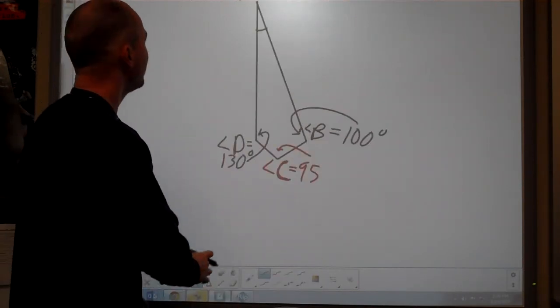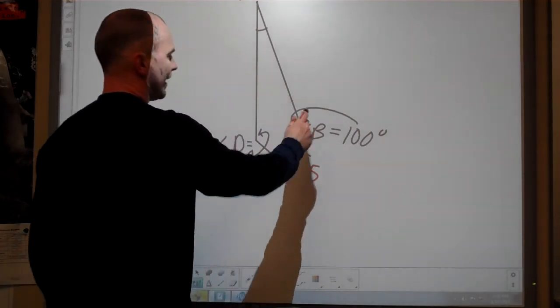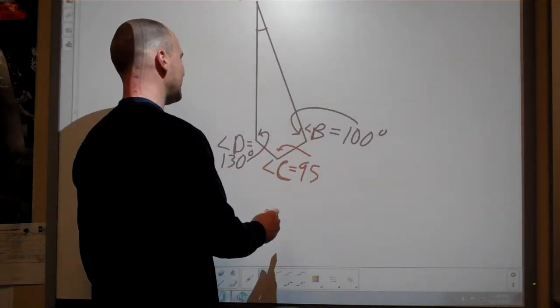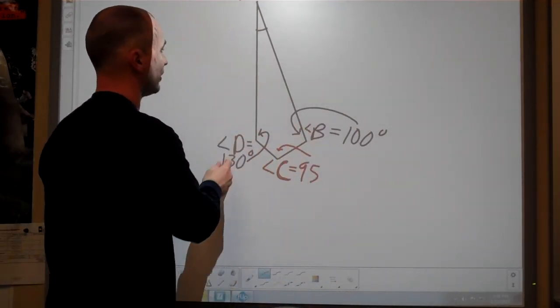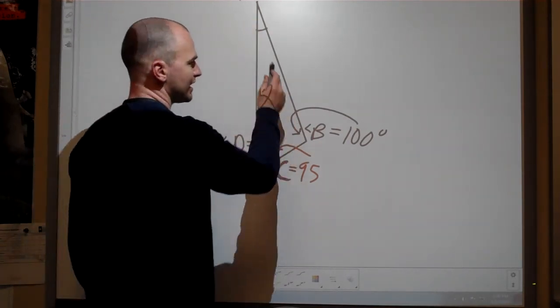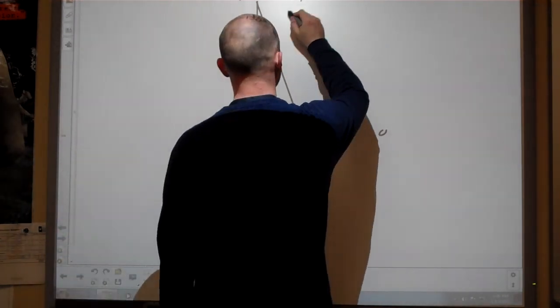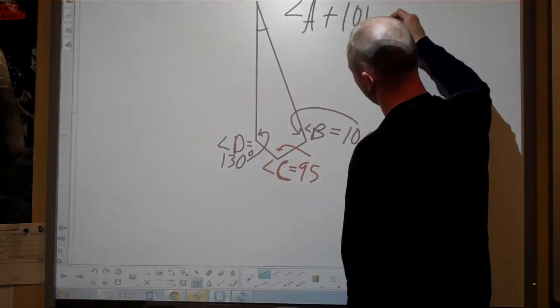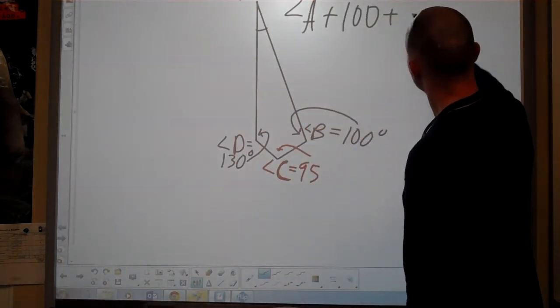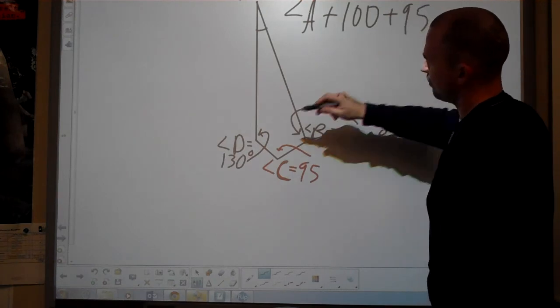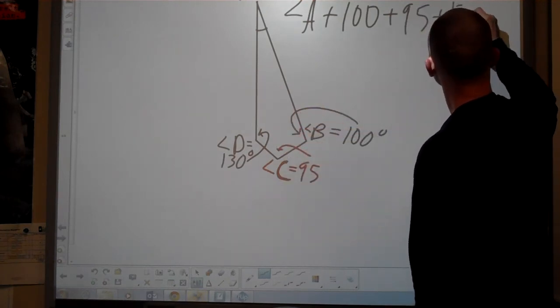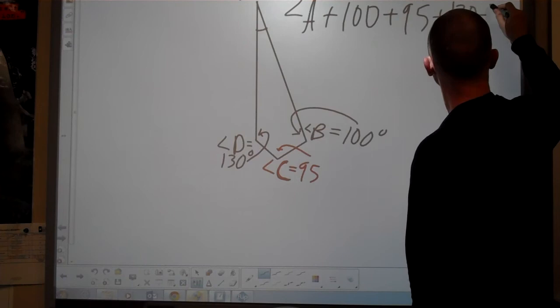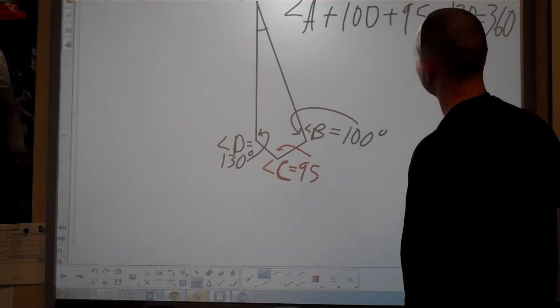Alright, here we're missing angle A. We know angle B is 100 degrees, angle C is 95, and angle D is 130. And all four of these together equal 360. So angle A plus angle B, which is 100, plus angle C, which is 95, plus angle D, which is 130. Altogether, these equal 360 degrees.